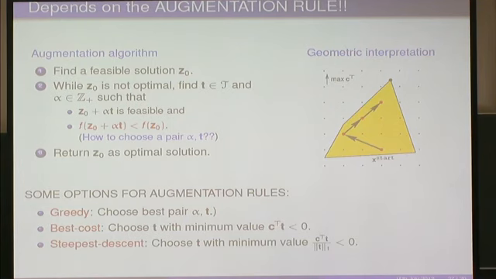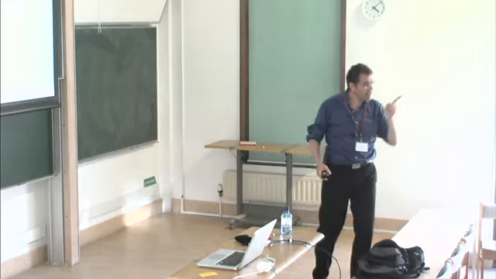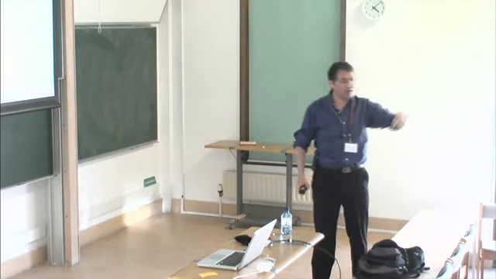If you have a linear objective function like here, where you're maximizing an integer linear program, you may choose the Graver basis element with the smallest value of this kind. Or you can have something that people call the steepest descent, where you choose a Graver basis element that minimizes, but you normalize with the one-norm of the vector. So you're mostly looking at the direction of the vector rather than the length of the vector.